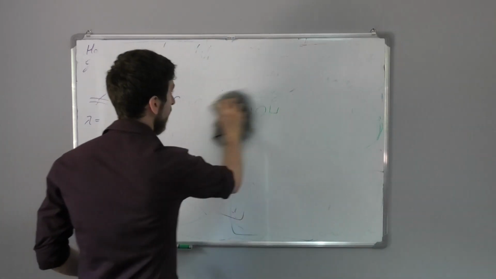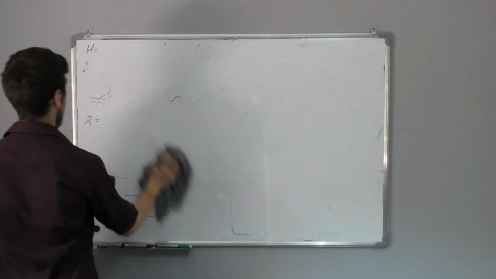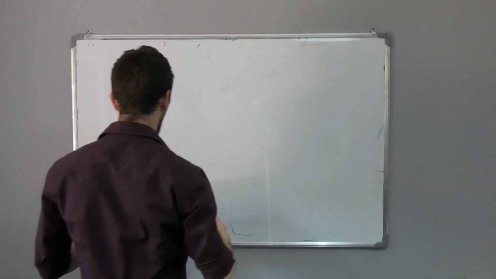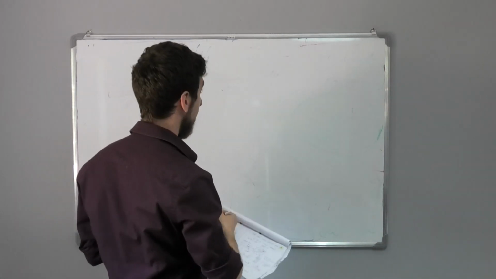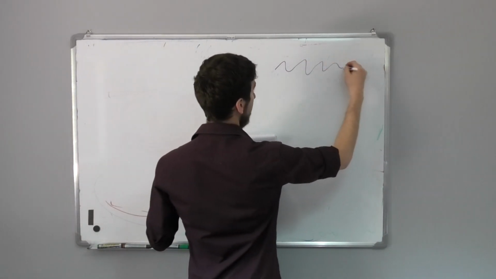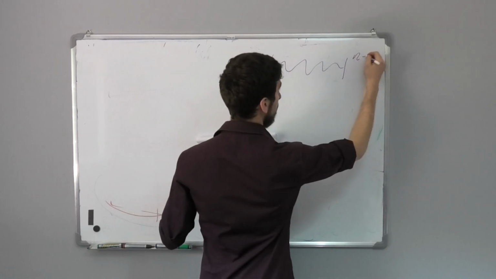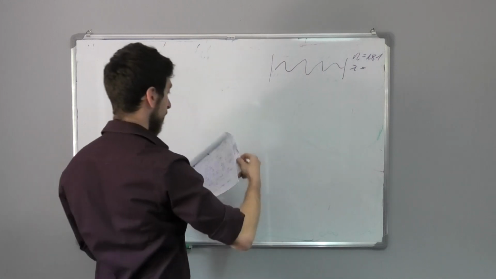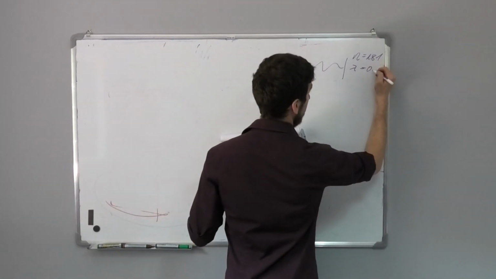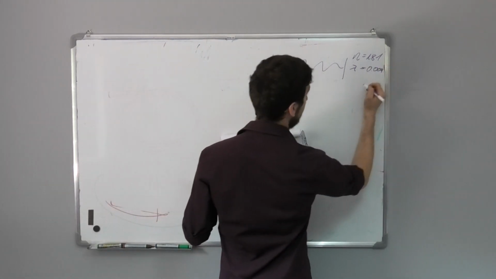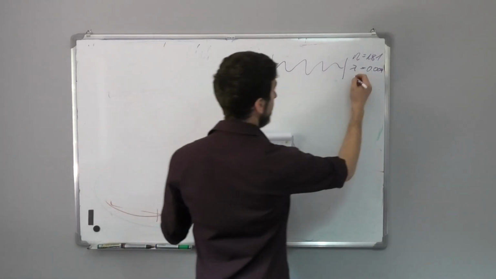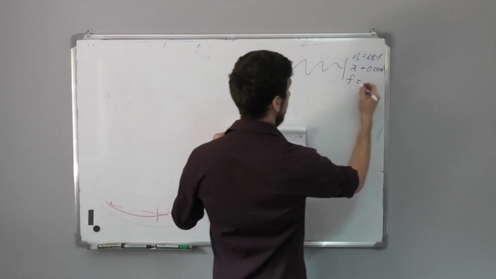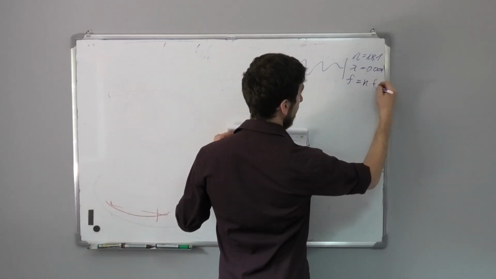I want you to know that. So let's continue. Right now the string is vibrating. We said n equals 181, right? Lambda equals 1 centimeter, 0.009 meters, right? We know the frequency, and the frequency was n multiplied by f1.